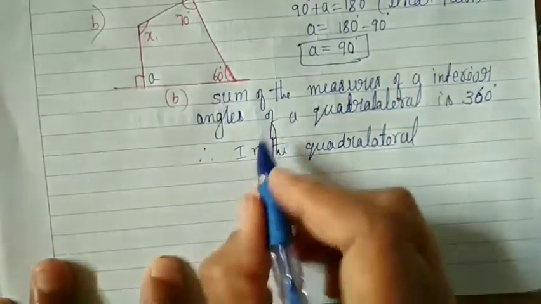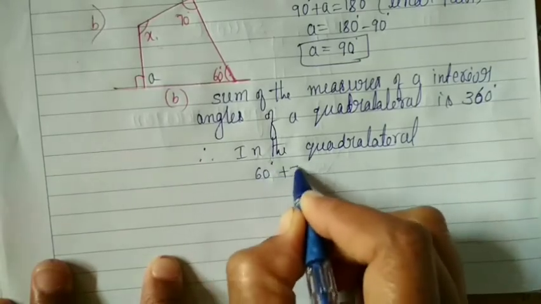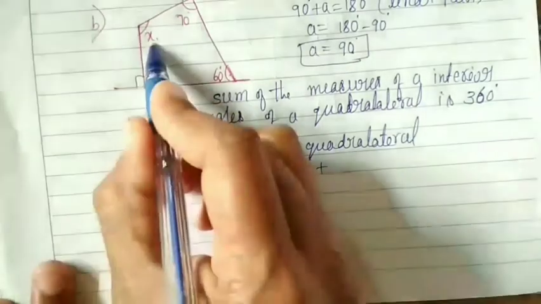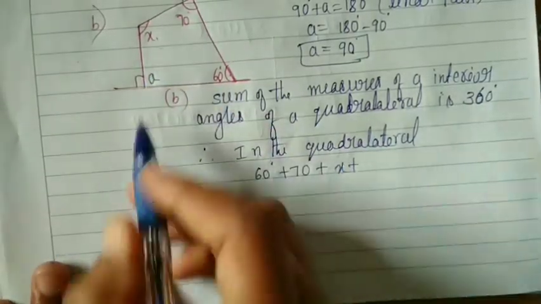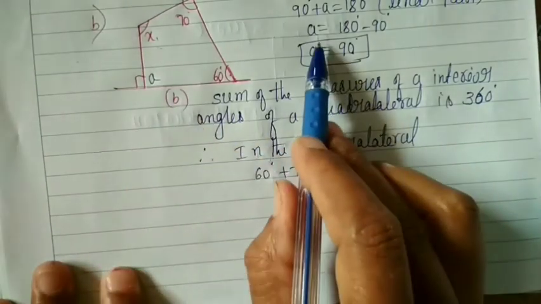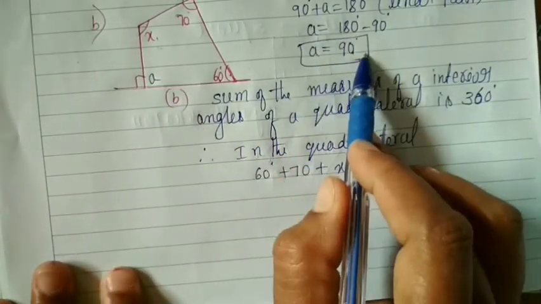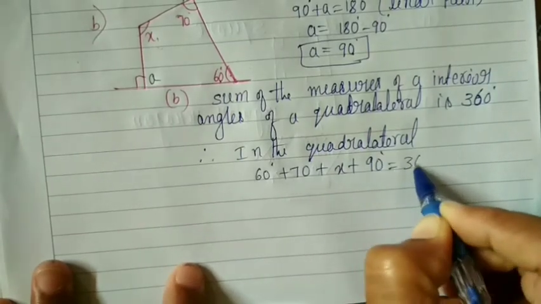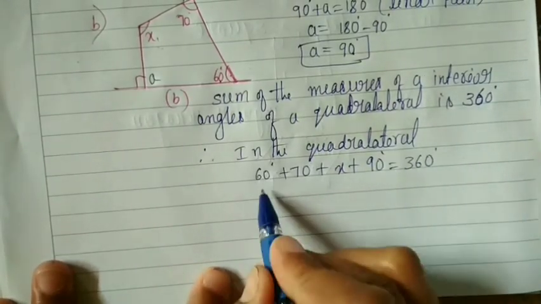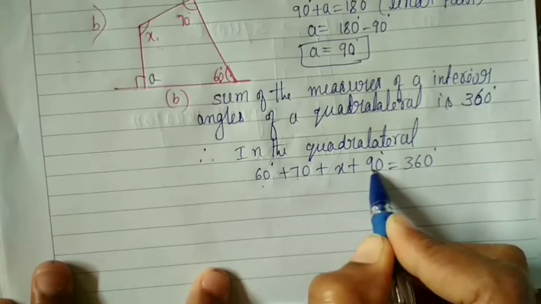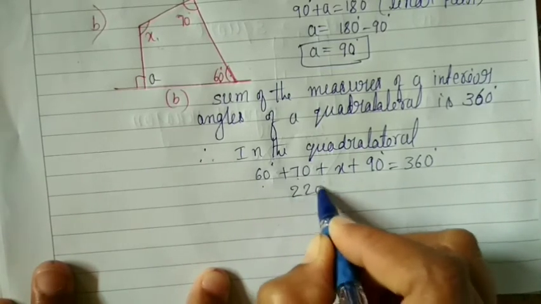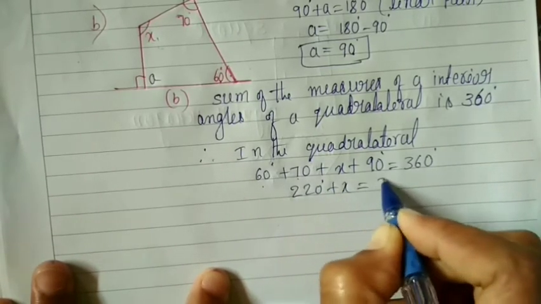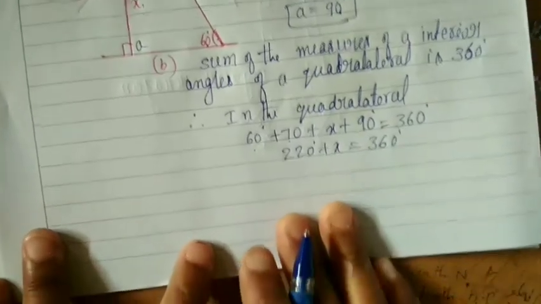First we take 60 degree plus 70 degree plus x plus A is equal to 90 degree, is equal to 360 degree. 60 plus 70 plus 90 is equal to 220 degree, plus x is equal to 360 degree.